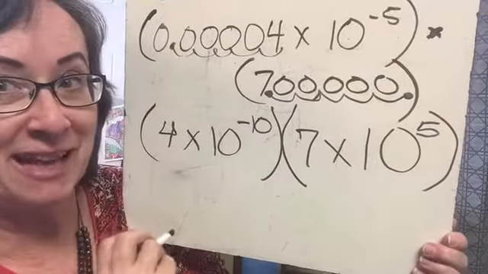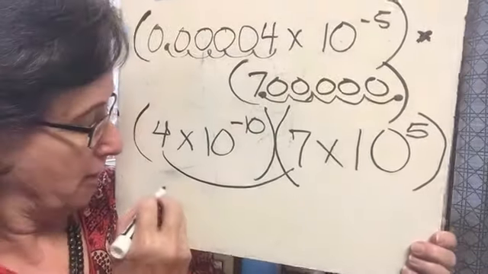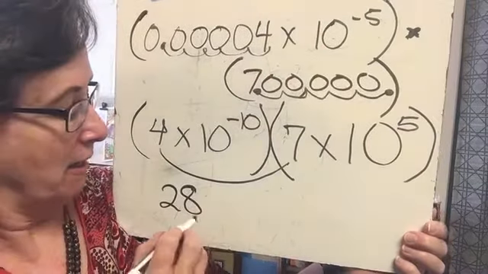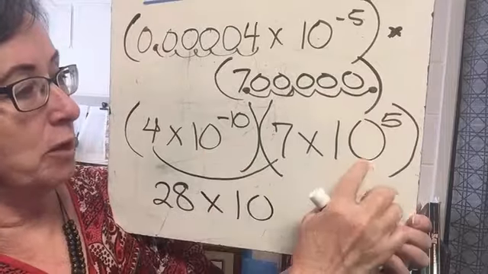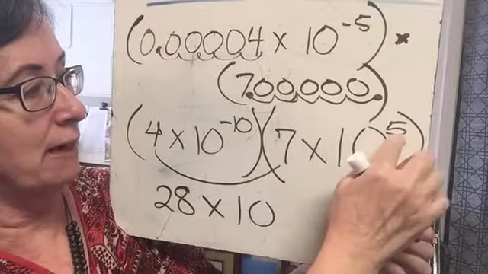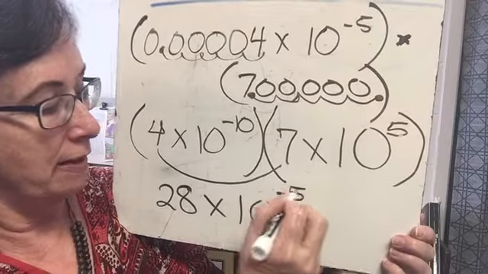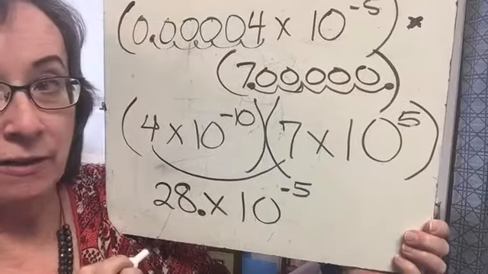Now we're going to have an adjustment because when I multiply 4 times 7 together, I get 28, which is greater than 9. Okay, so 28 times 10, and remember when I multiply like bases, I add their exponents. Negative 10 plus 5 is negative 5. Now I have to adjust. This decimal is right here.